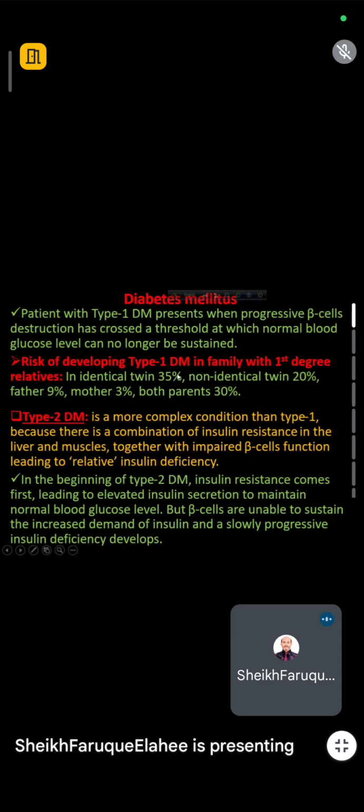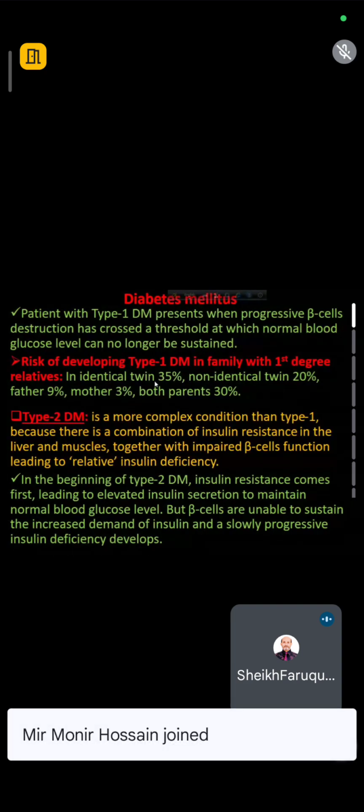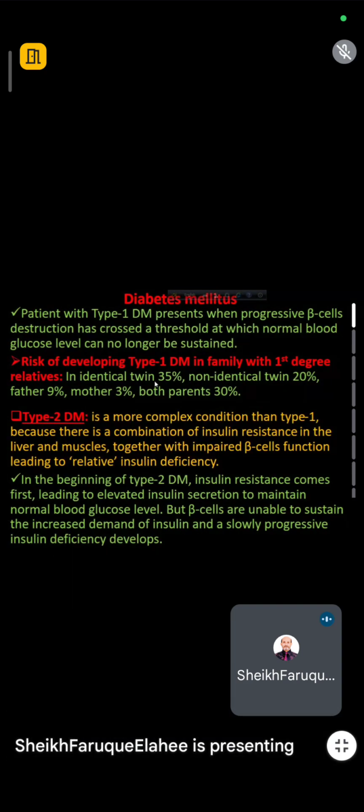Okay, then the risk of developing type 1 diabetes mellitus in a family with a first-degree relative. If there is a twin with type 1 diabetes mellitus, then the other one has a 35% chance of developing type 1 diabetes.